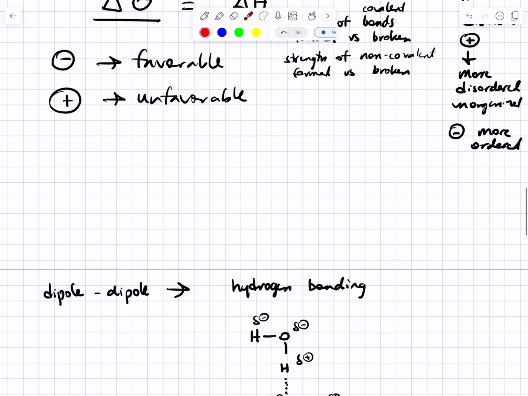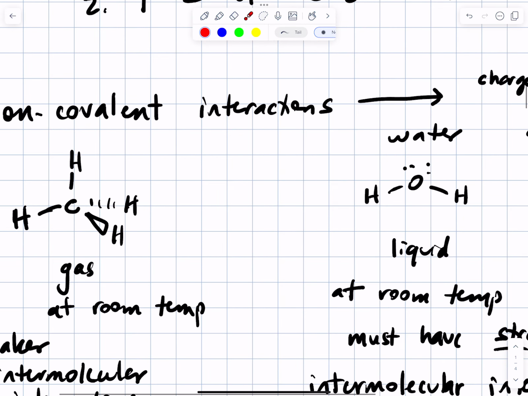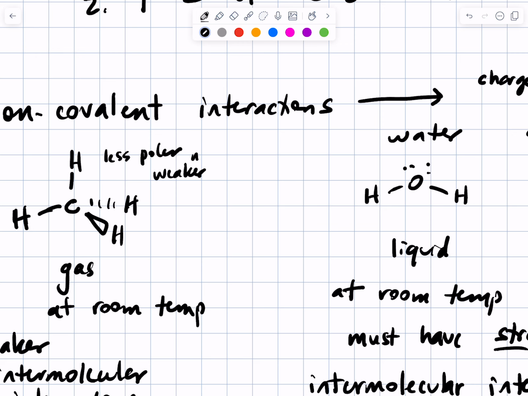Zooming back up, what do you know about the electronegativity of carbon relative to hydrogen? The difference is not that big, right? I don't actually know the numbers off the top of my head, but the difference for oxygen and hydrogen is quite big. The difference between carbon and hydrogen is minimal. So these bonds are less polar, meaning there are much weaker dipole-dipole interactions.